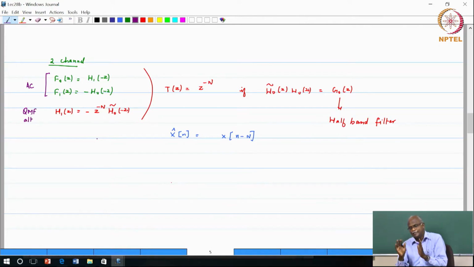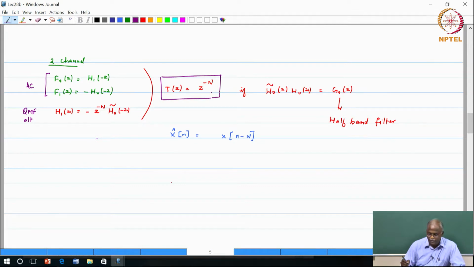It is basically saying the same thing. The magnitude response is the same as H naught of minus Z, but you have taken it in the form of its paraconjugate. Given this choice, go back and substitute and verify that the transfer function comes out to be T of Z, where T of Z is Z power minus n. I believe yesterday when I wrote in the class, I wrote it as 1/2 of Z power minus n. Please do make a correction, it is Z power minus n.